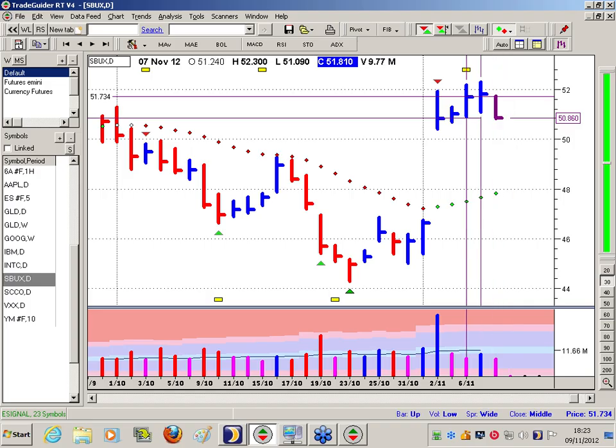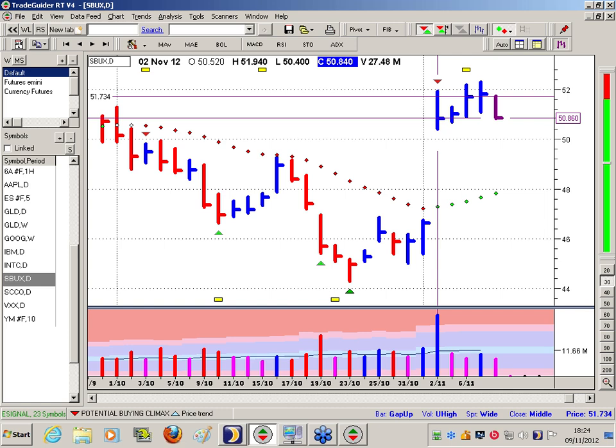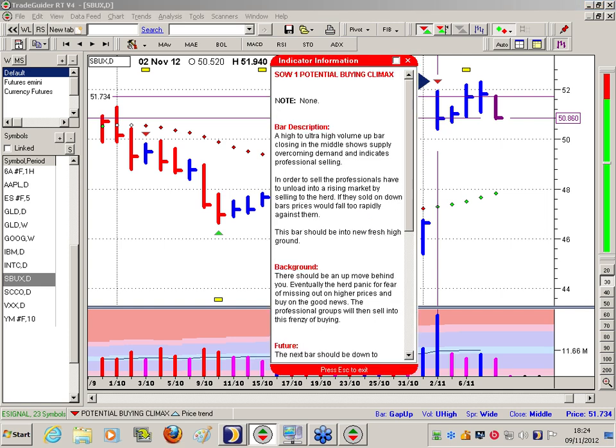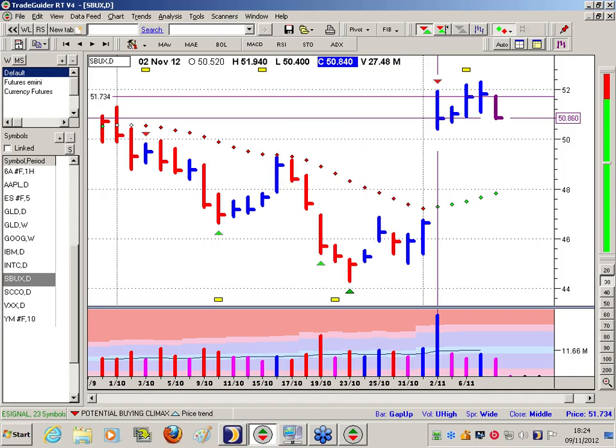Right. So it's moved sideways. Look, there's the ultra-high volume. There's a sign of weakness there. What's that, Pete? Potential buying climax. Yes. Potential. It was definitely some selling there, without question, because that's why it moved sideways 1, 2, 3, 4 bars.